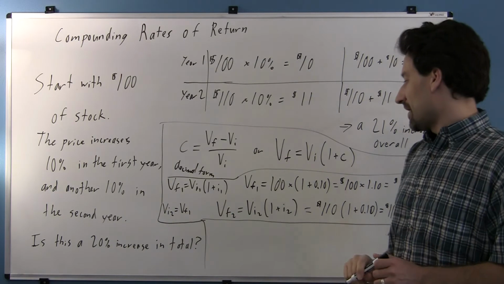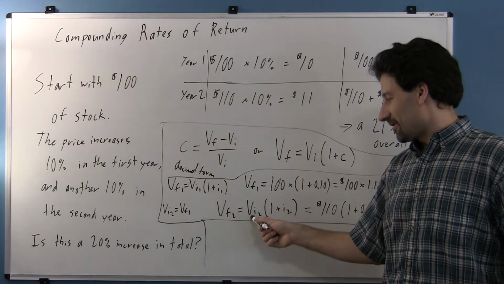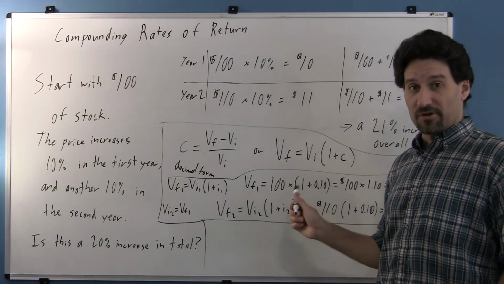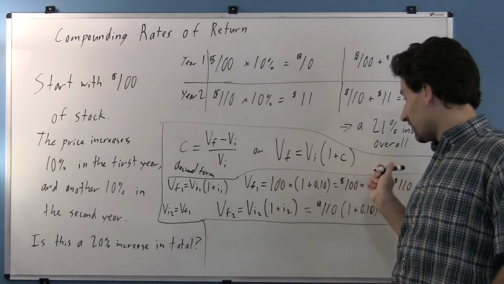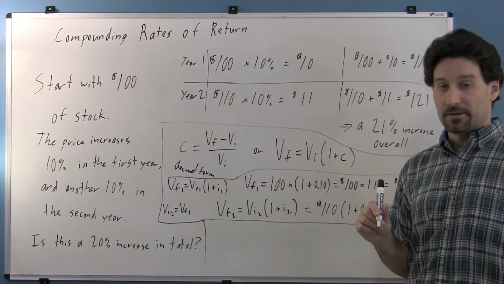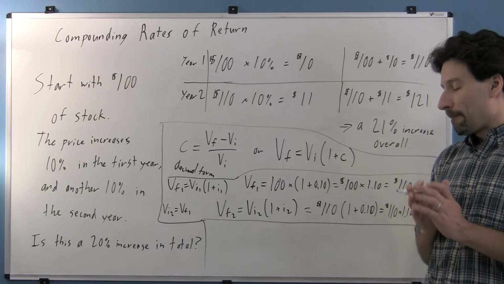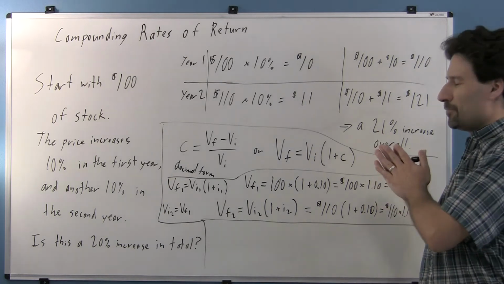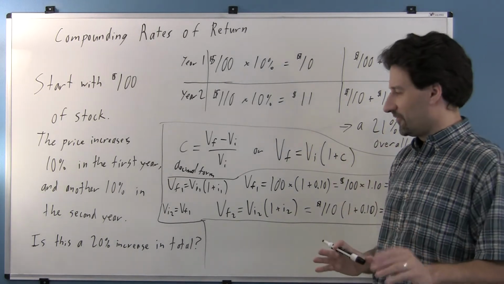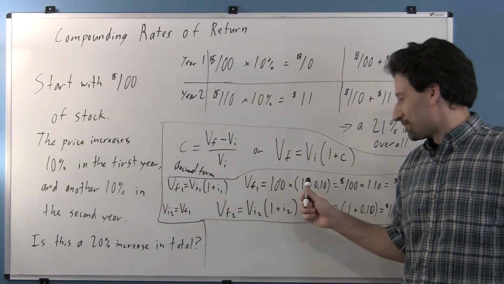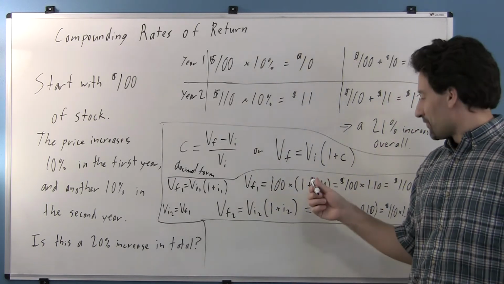So the starting value is $110 for year 2. That was what we calculated from the end of year 1, our first calculation. Okay. Pardon, first video of the day today, so getting in the flow of things.